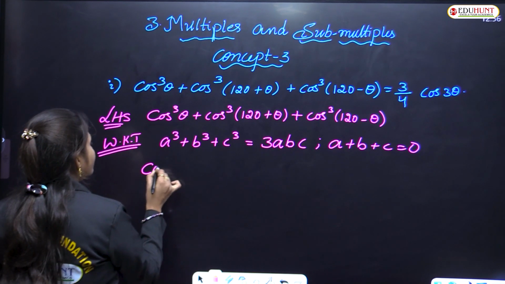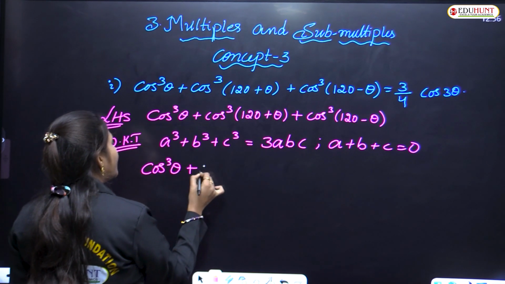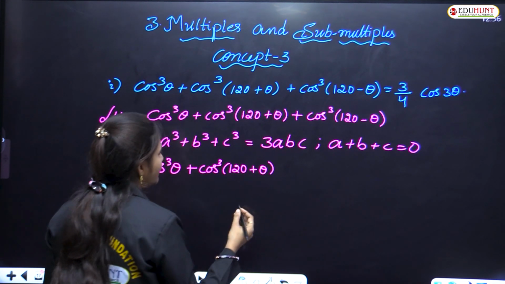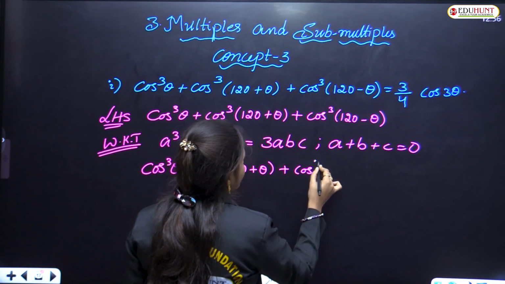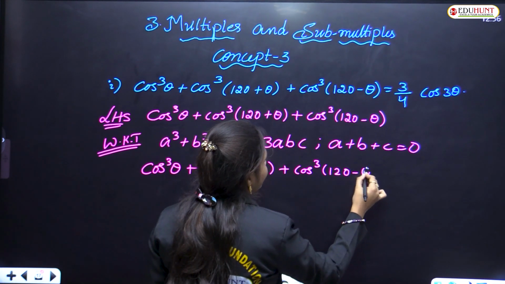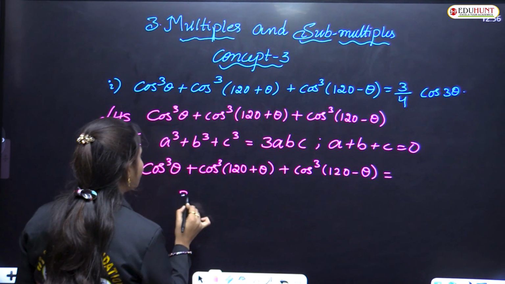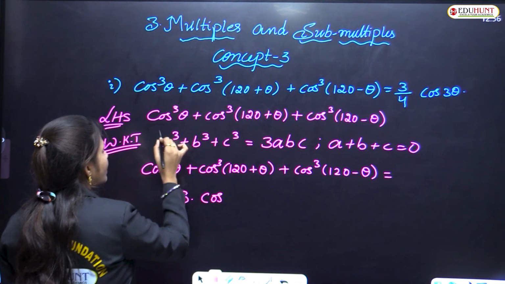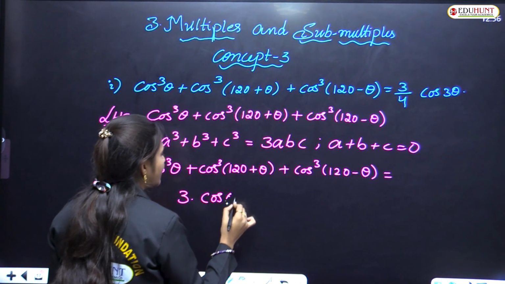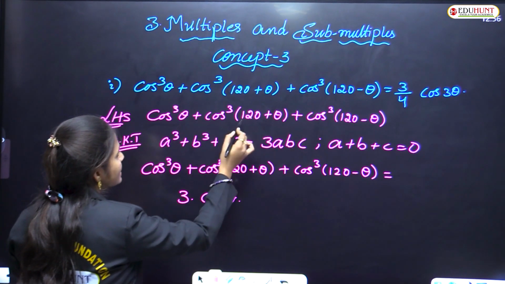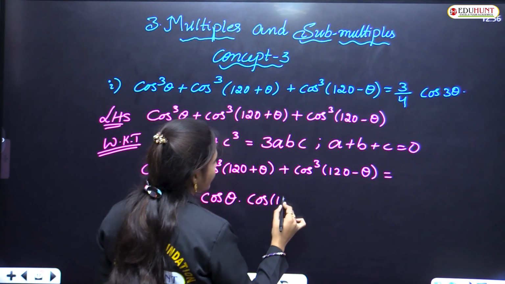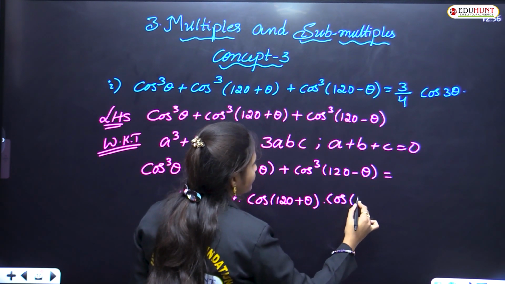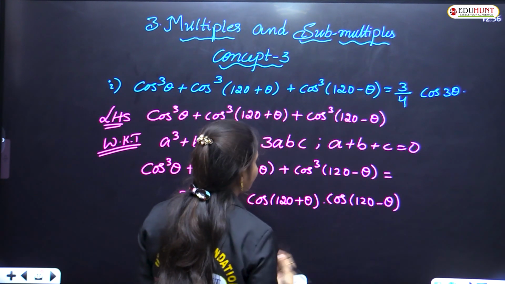So cos cube theta plus cos cube 120 plus theta plus cos cube 120 minus theta is equal to 3 into a, b, c. Here a is equal to cos theta, b is equal to cos of 120 plus theta, and c is cos of 120 minus theta.